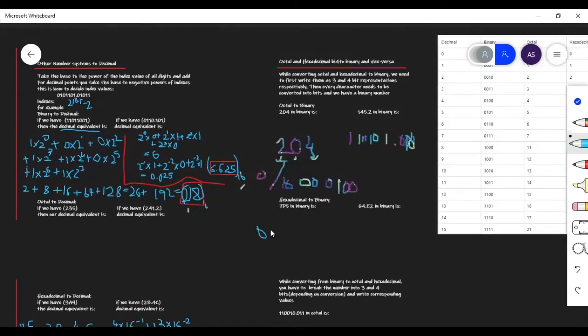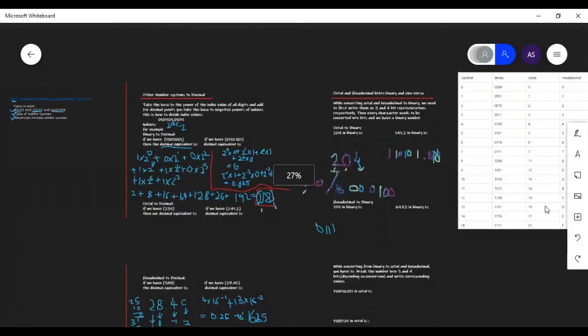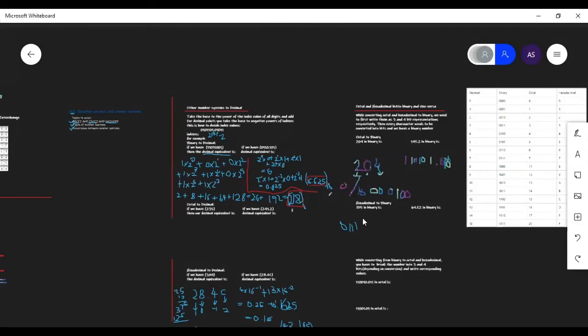So 7 is 0111. I'm just going to write it. Then I'm going to see what D is. We can see D is 1101.